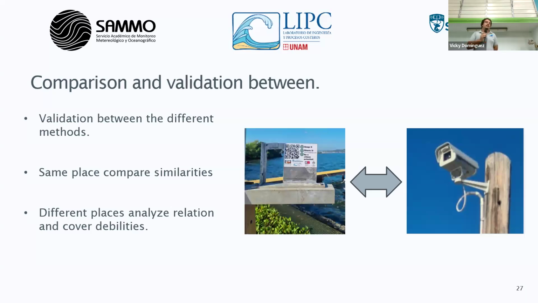But if it's hard to place a fixed camera somewhere, maybe we can place a CoastNav station, and with the knowledge we already have about the fixed camera and the CoastNav station at the same site, we can then analyze and interpret the images from the station only. So that is where we are going.